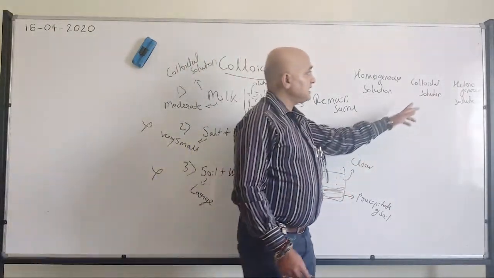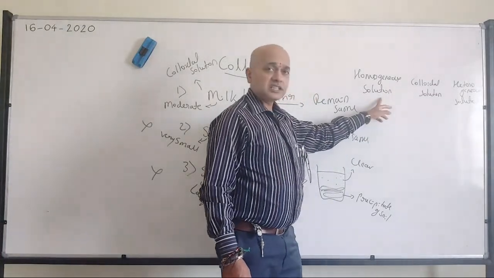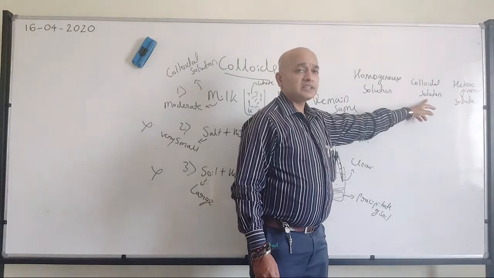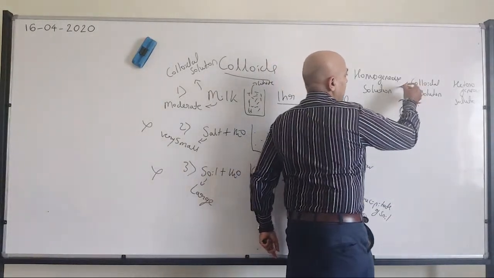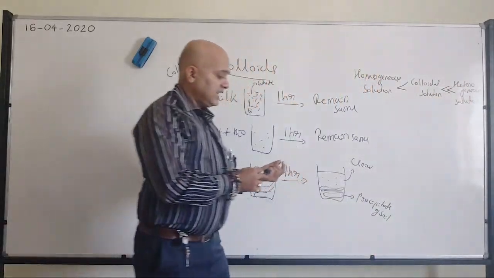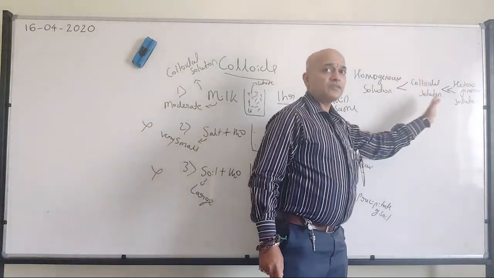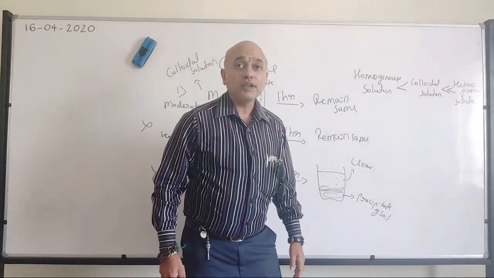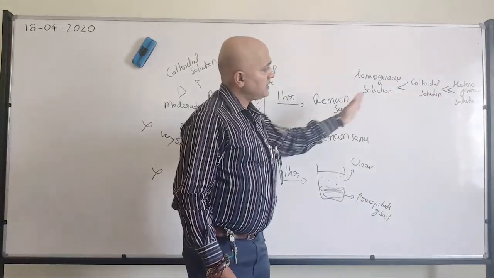But the difference here is the size of the particles. This will be crystal clear, they will not be crystal clear. So if I take the size of the particle, I can arrange them like this, where there is an increase in the size of the particles as you move in the rightward direction.